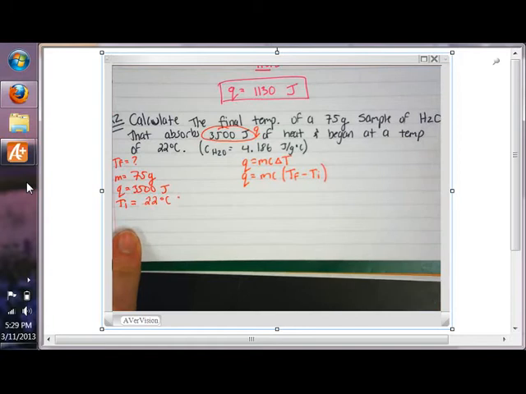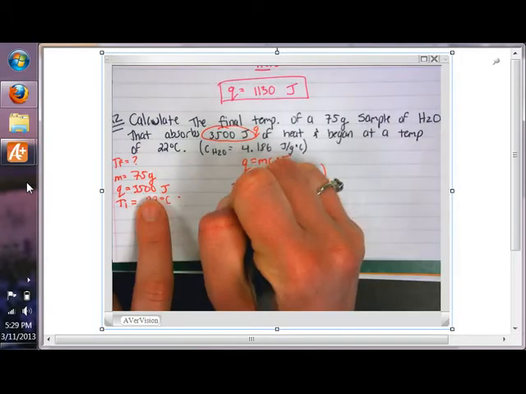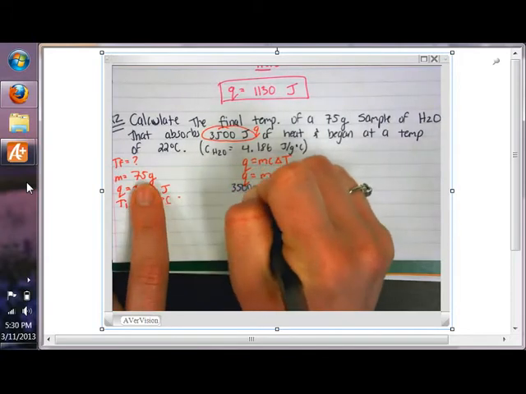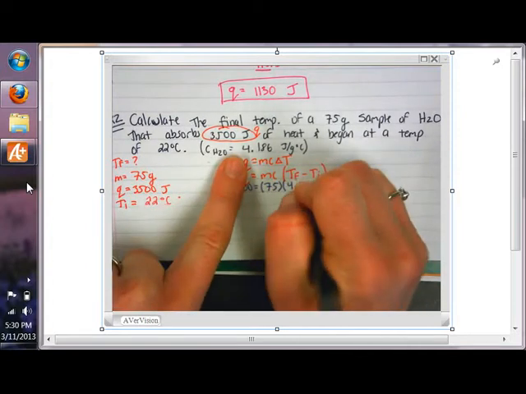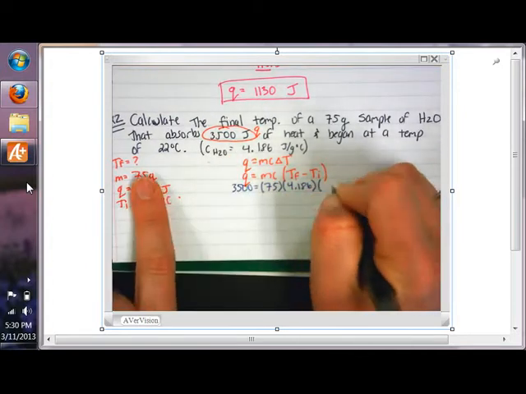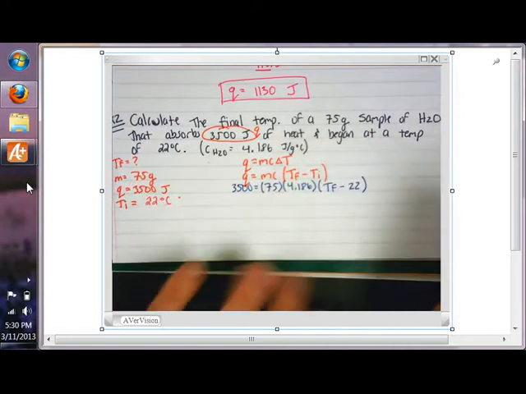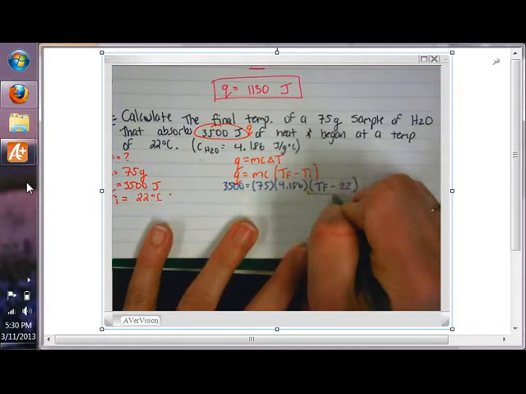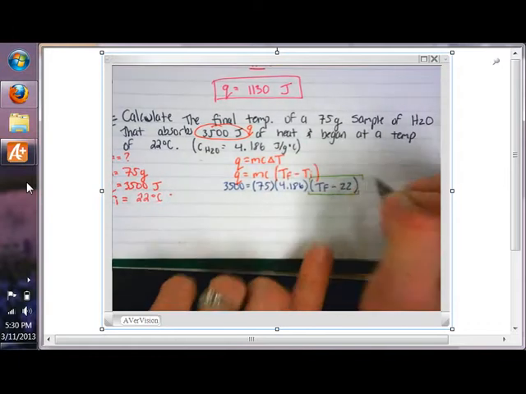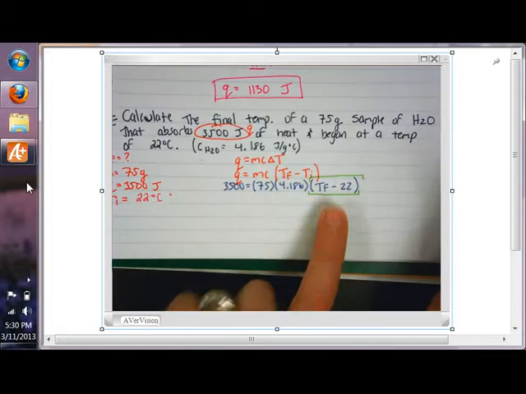So now that I have all my info, I'm going to plug and chug. So Q is 3,500. M is 75. C they gave me is 4.186. They want the final temperature, and they gave me the initial temperature is 22. This is what's a little tricky about this one. You need to solve for the parentheses first. So I need to get the parentheses on their own.